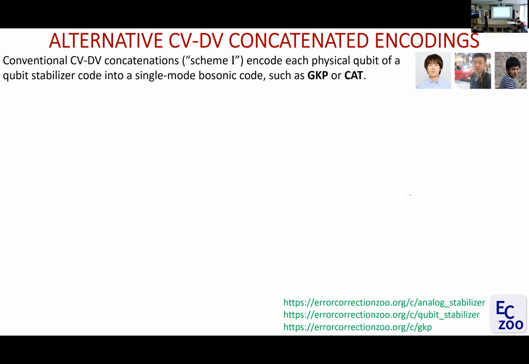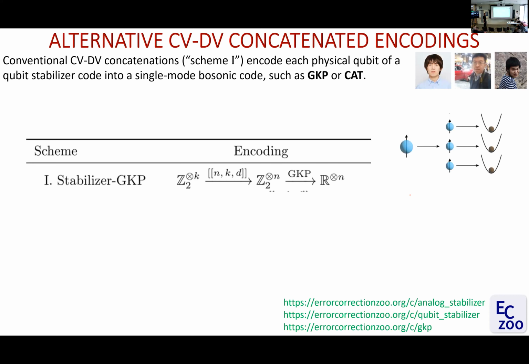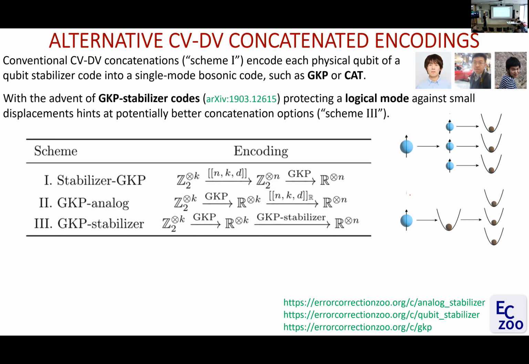So there was a series of new codes that people had put out, namely these codes called GKP stabilizer codes that protect not a finite dimensional logical qubit, but an infinite dimensional logical mode against errors. These codes were very interesting in that people had thought it might not be very possible to do that, but nevertheless, this paper proved that you can.